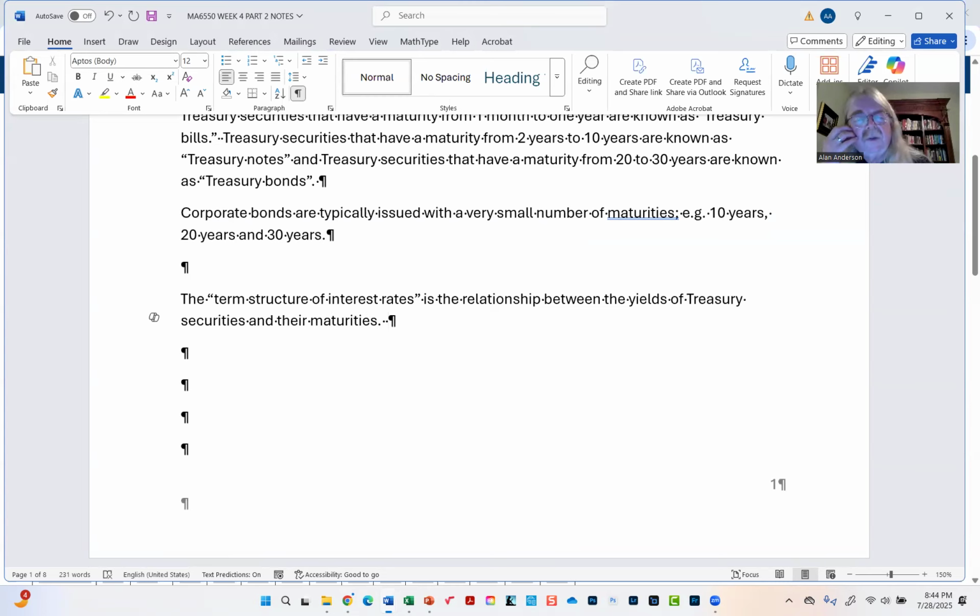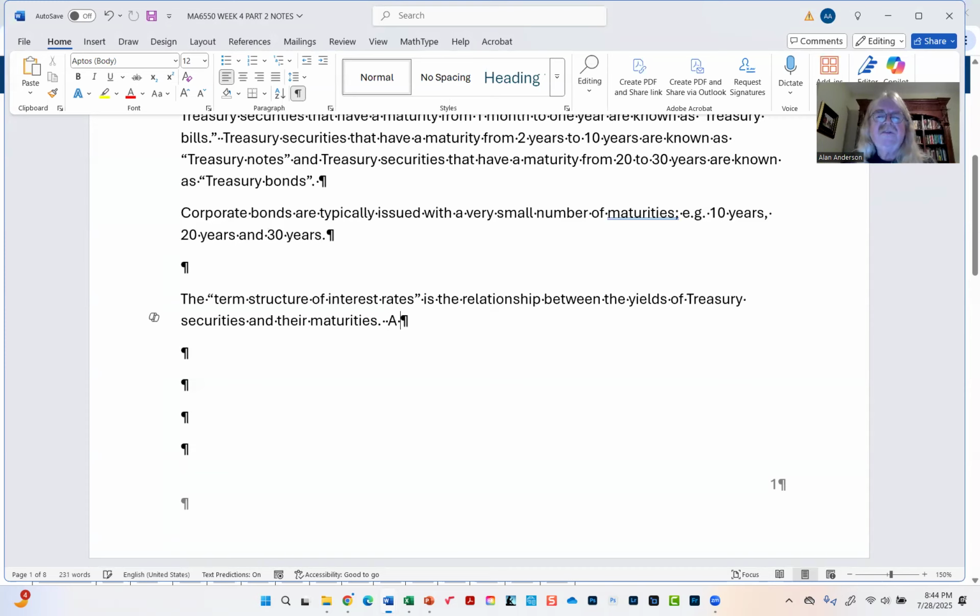Now, you could, in principle, have a term structure for different credit ratings for bonds. You could, for example, have a AAA term structure and a AA, but you don't see that nearly as often. When you hear the words term structure, it's typically understood to mean that you're looking at the treasury market.